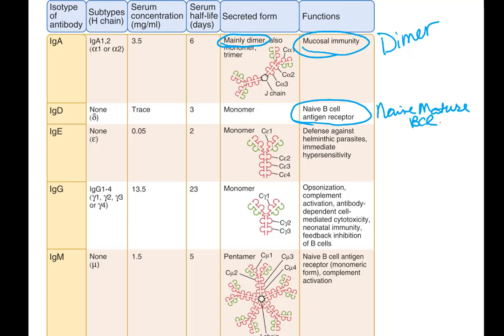IgE is defense against helminths. IgG is the highest concentration, and it's supposed to be right in blood and tissues. You do not have to know the different isoforms. This is the highest total antibody in the entire body.